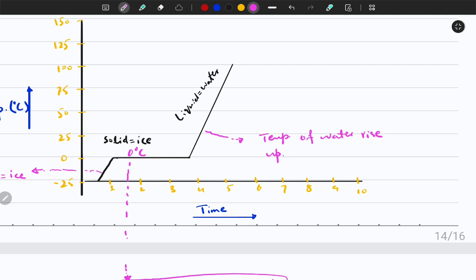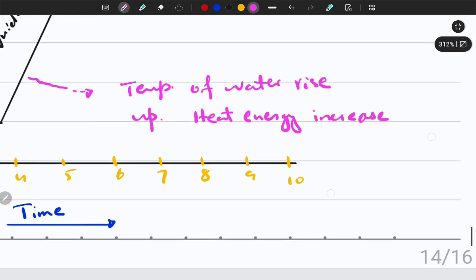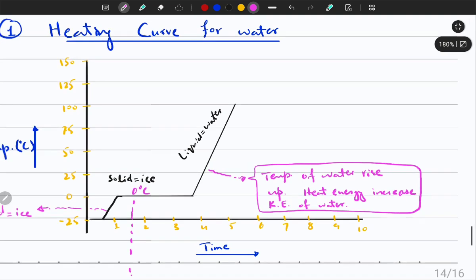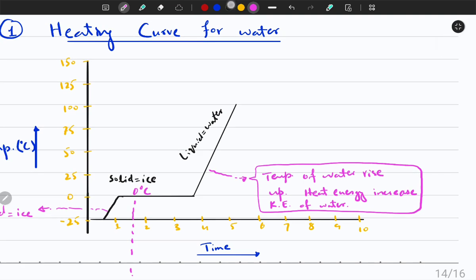If you heat consistently, the temperature would keep rising up and up and up. All right. And all of that heat energy increases the kinetic energy of water. KE means kinetic energy of water. So the more you heat, the more would be the kinetic energy or the movement of water molecules, right?